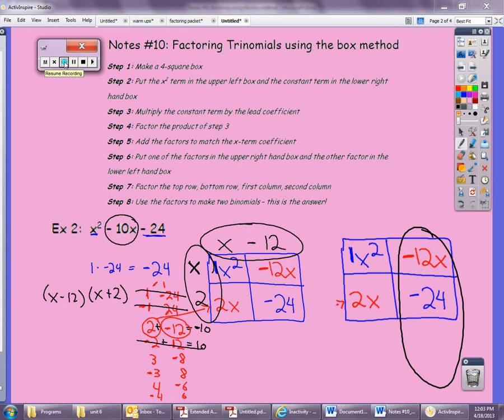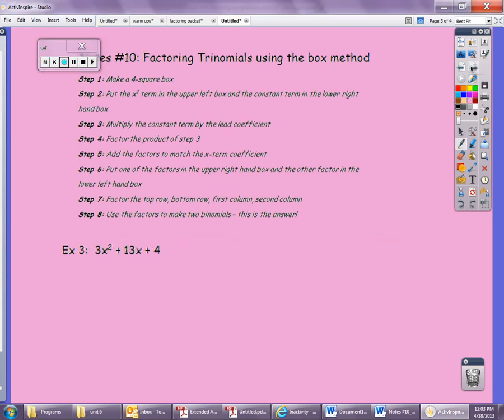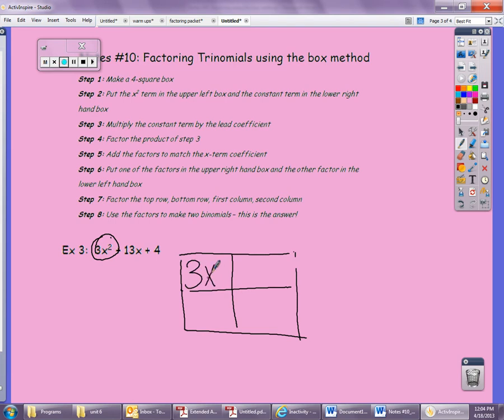Let's go to problem 3. Okay, so first we make a box. Then we put the 3x squared into the first box.